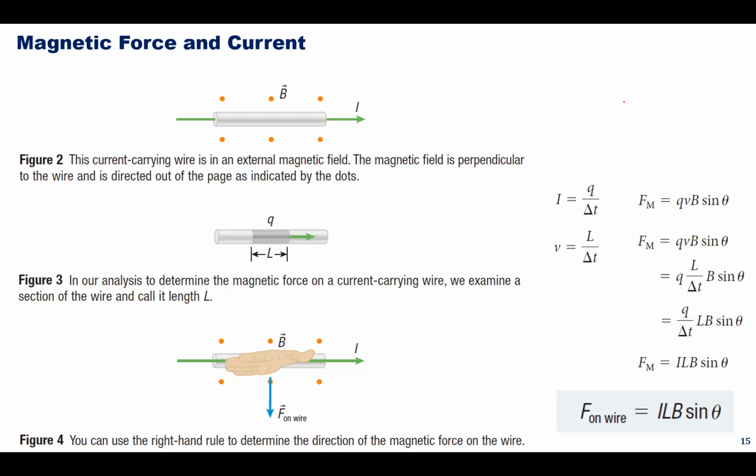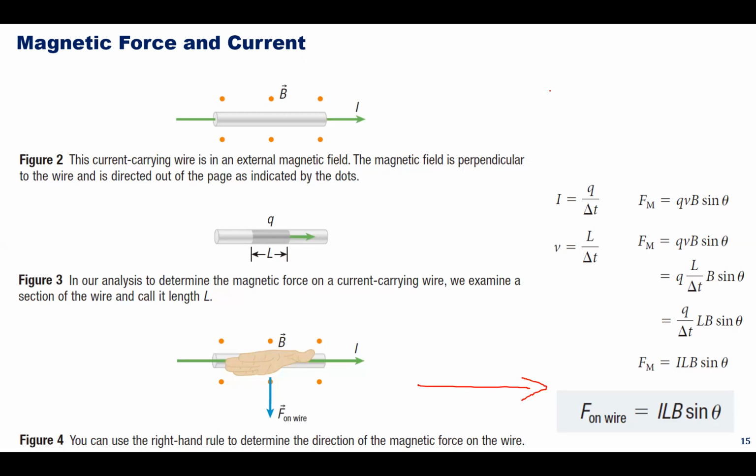Using the relationship between the current and the charge, I equals Q over delta T, we can get the magnetic force on the current carrying conductor is Fm equals ILB sine theta, which is shown here in this formula. Okay, this gives the magnitude of the magnetic force, which is ILB sine theta.